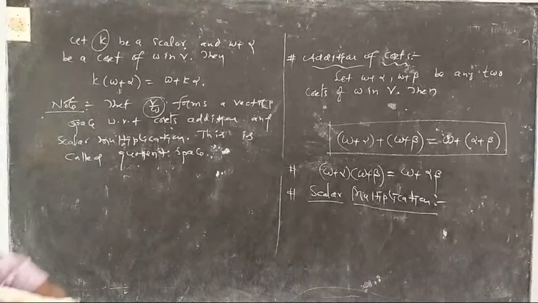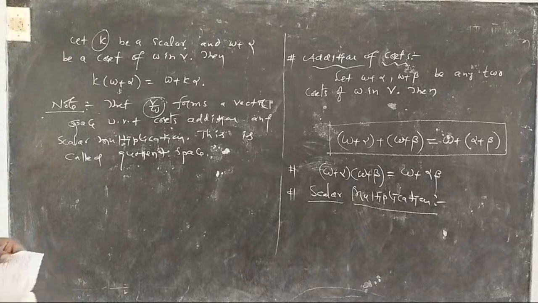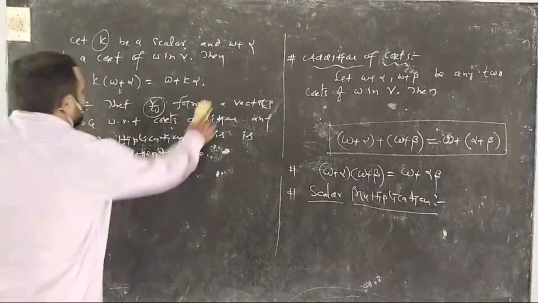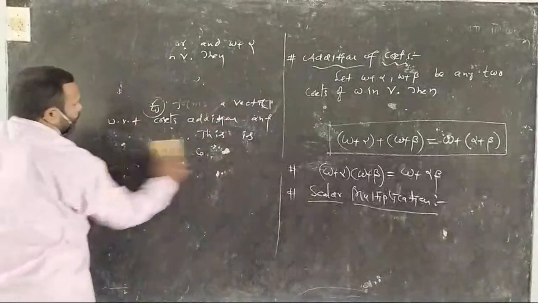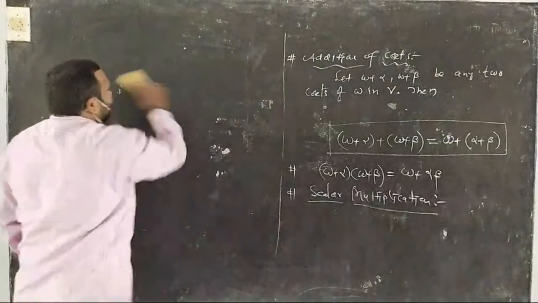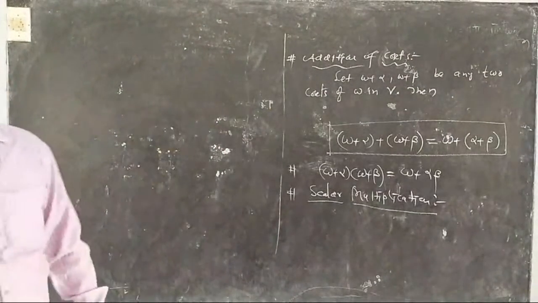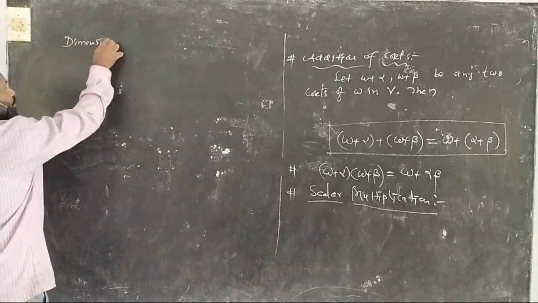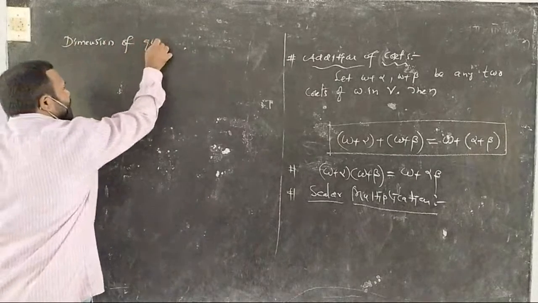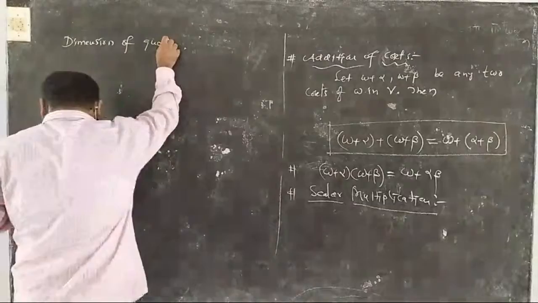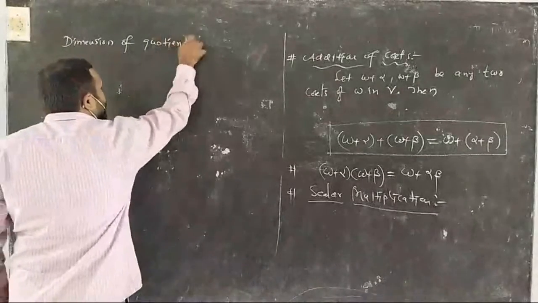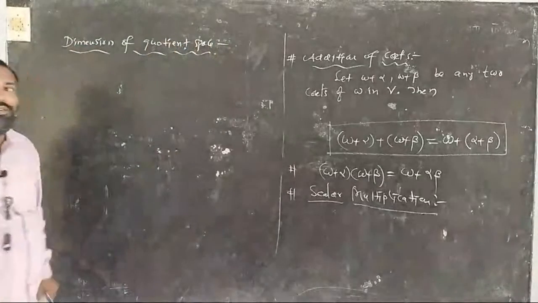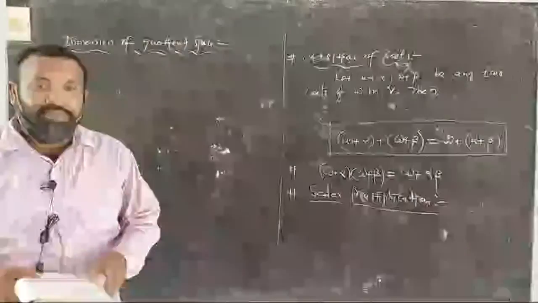A very important theorem is there. Write the theorem. Dimension of quotient space is a very important theorem. I will explain this. It is asked many times in the examination. First you write the statement.